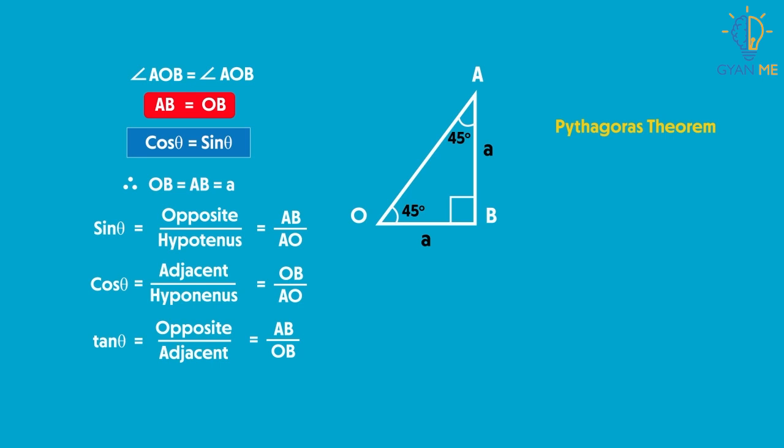So we have AO square equal to AB square plus OB square. Now putting values of AB and OB in the equation, we get AO square is equal to a square plus a square, that is 2a square. And therefore AO is equal to root 2 a. Thus, hypotenuse AO is root 2 a.